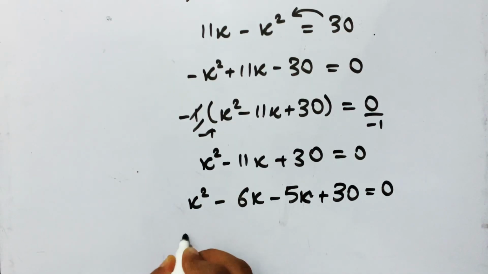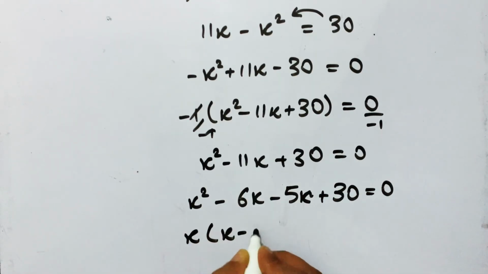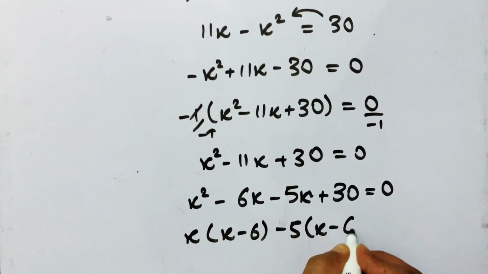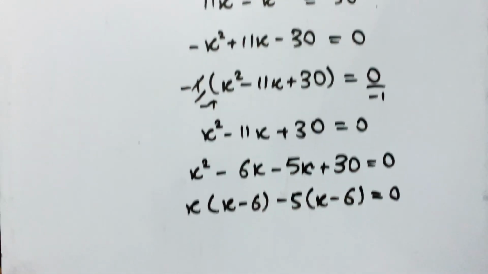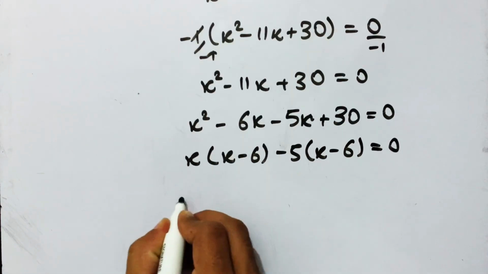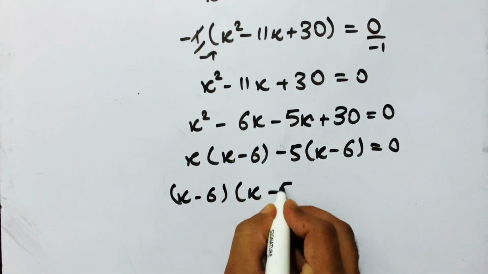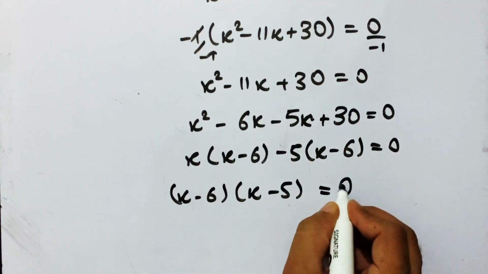Now I take x common from the first two terms, leaving x minus 6, and minus 5 common from the last two, leaving x minus 6. Taking x minus 6 common, our remainder is x minus 5, equal to 0.